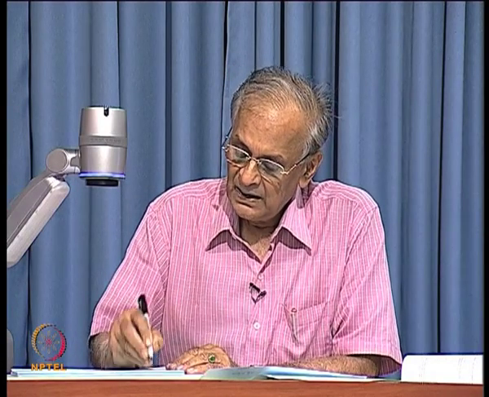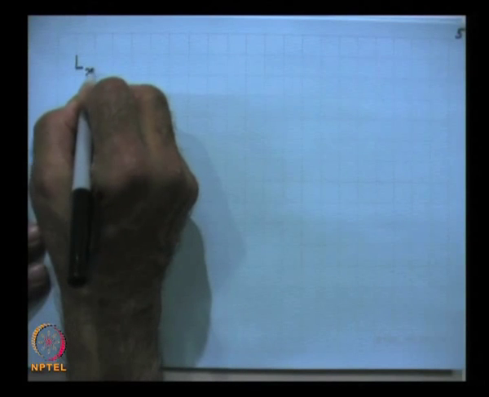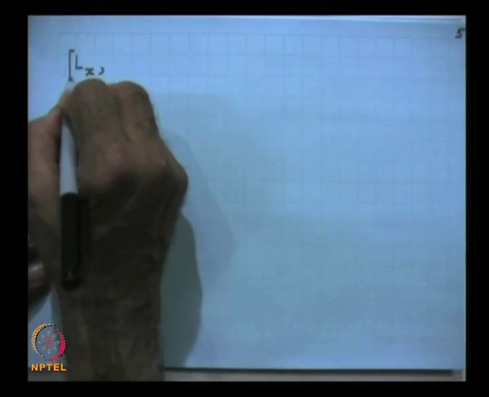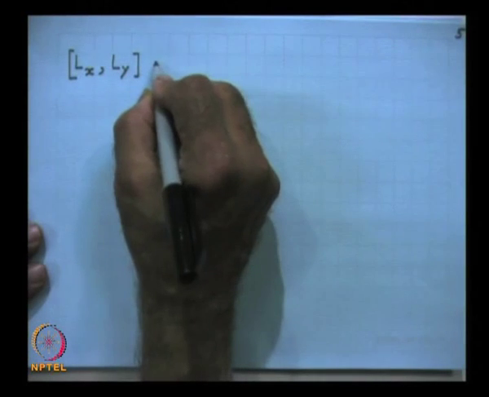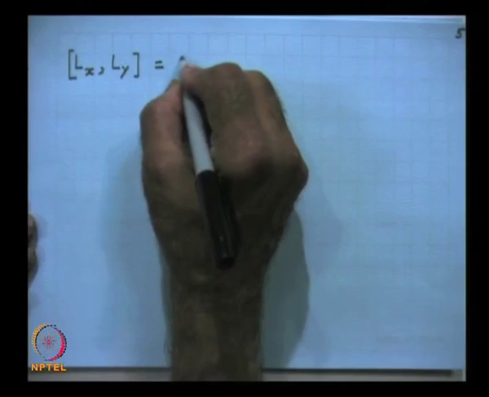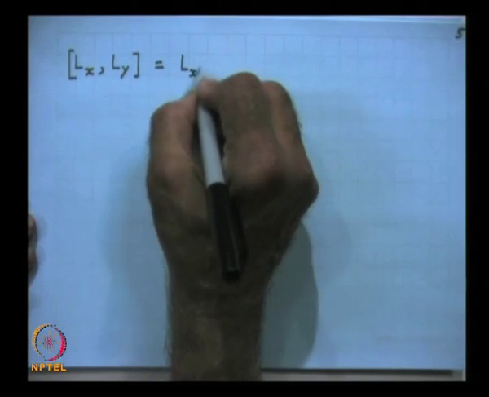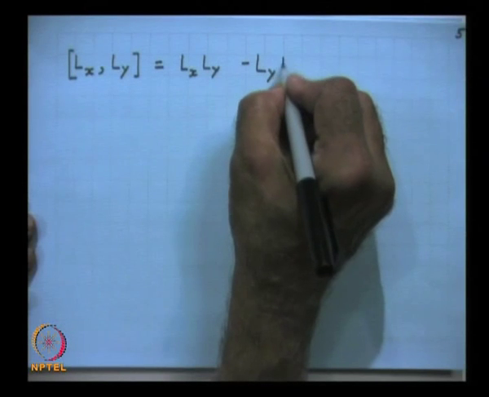So, let me calculate the commutator Lx Ly, which is Lx Ly minus Ly Lx. We have to do this a little carefully, putting things in proper order.